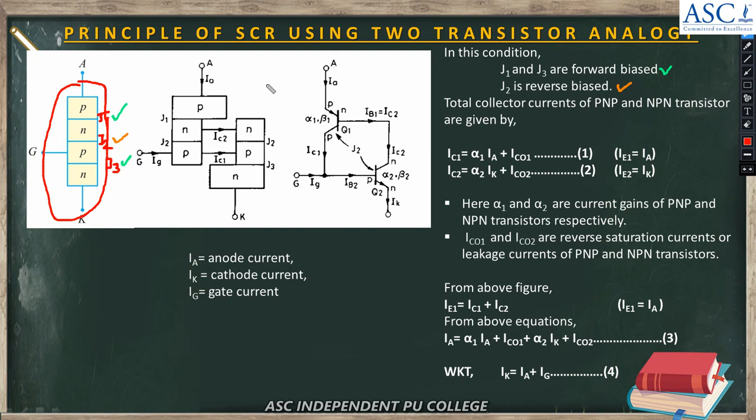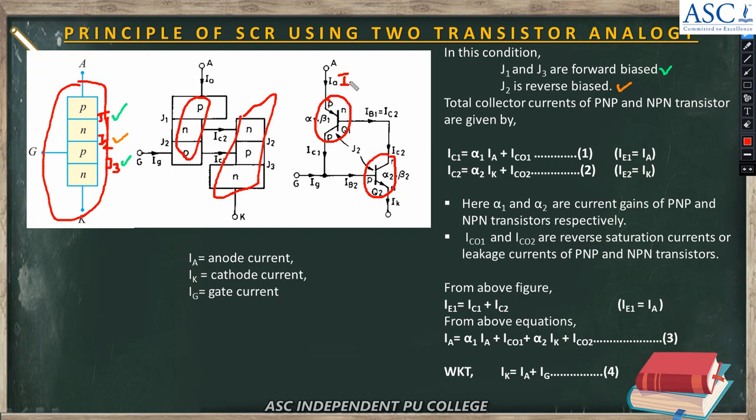Here we are using two transistors. One is said to be PNP transistor, other one is said to be NPN transistor. This is circuit symbol of PNP transistor and this is circuit symbol of NPN transistor. This current we call it as emitter current.